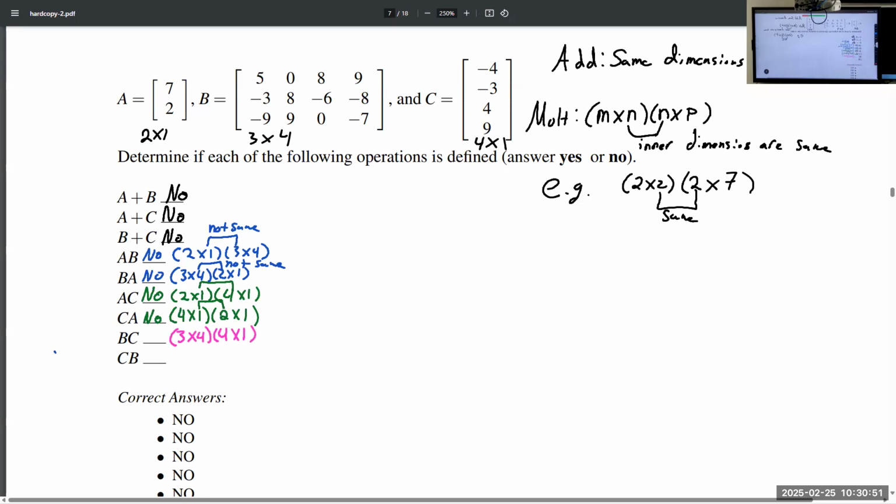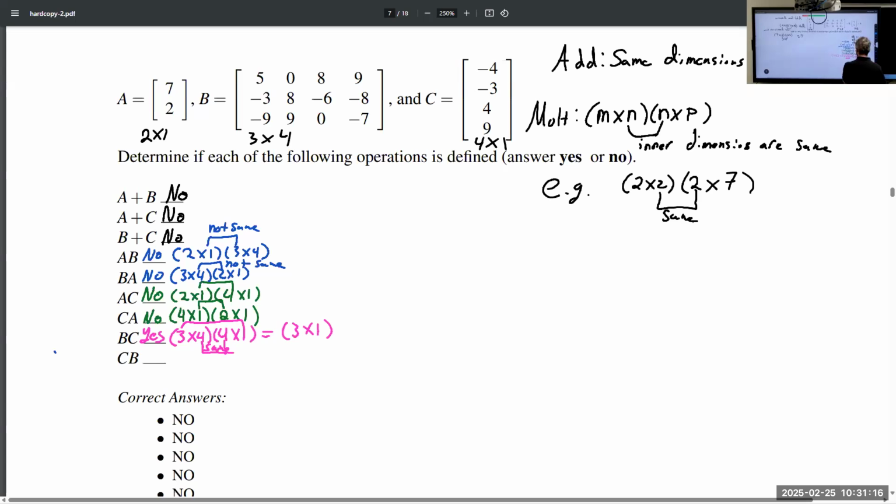The inner dimensions are finally the same. Okay, so it doesn't ask what it will output, but it's going to output the outer dimensions. So it's going to give us a 3 by 1. We're going to see that in the next example. Right now, we're just identifying what's happening.